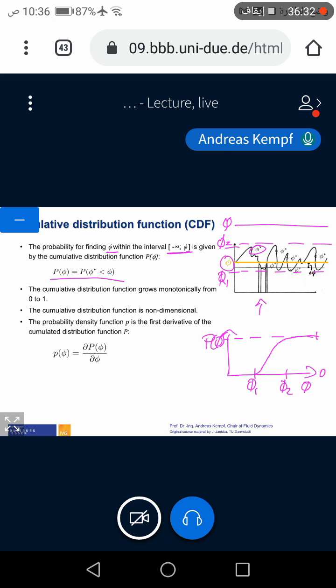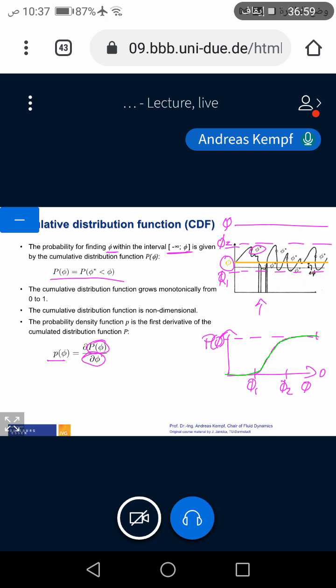And now the cool thing is, if you look at this uppercase cumulative distribution function here, and you derive it with respect to phi, so in other words, you calculate the first derivative of this curve here, then you end up with the probability density function, lowercase p of phi.